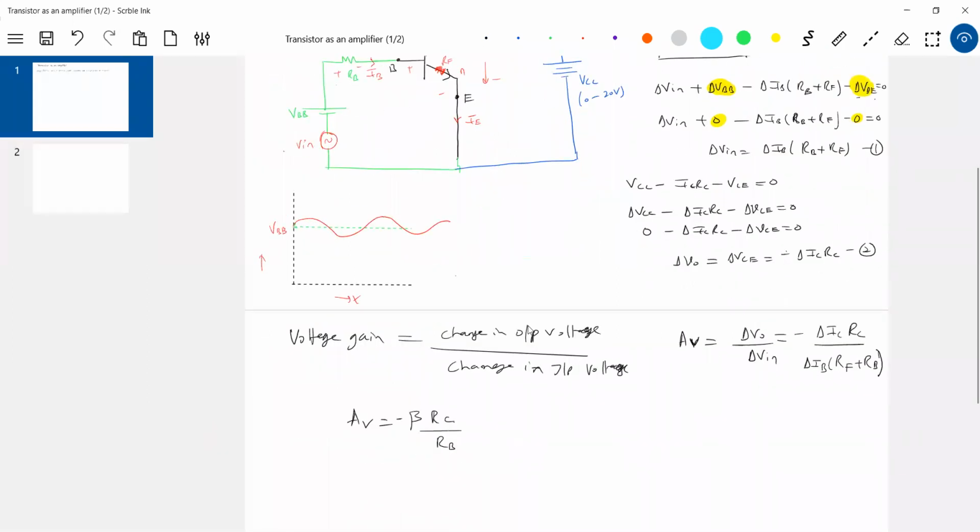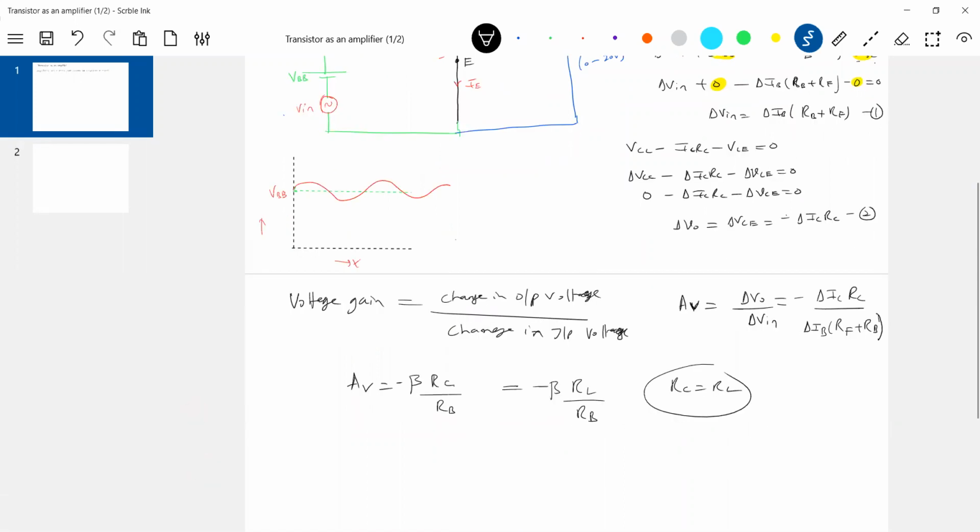So nothing wrong, it's the same formula. I think there is a more generalized formula where RC is equal to RL. So this is the voltage gain.